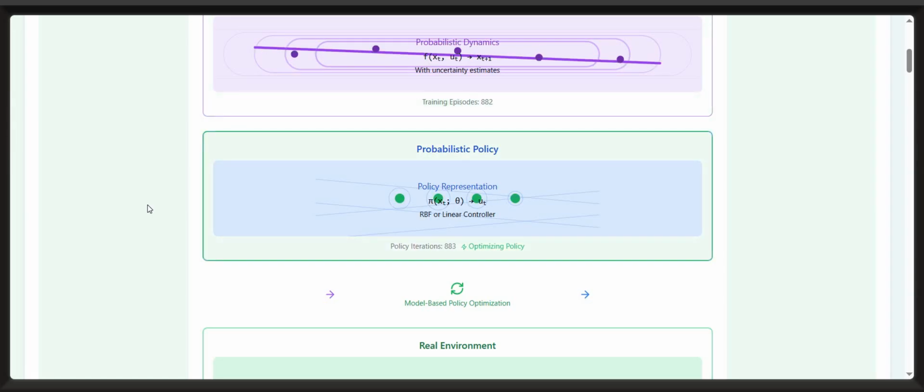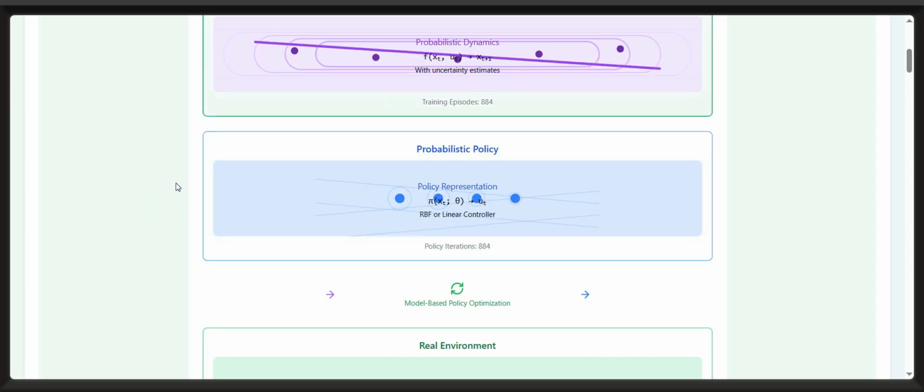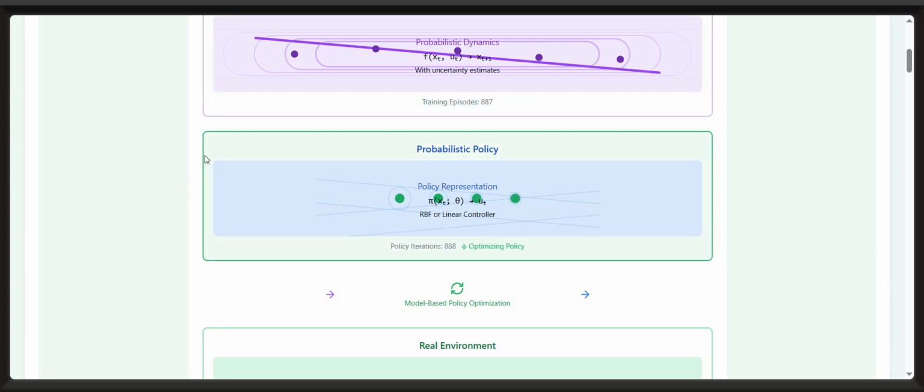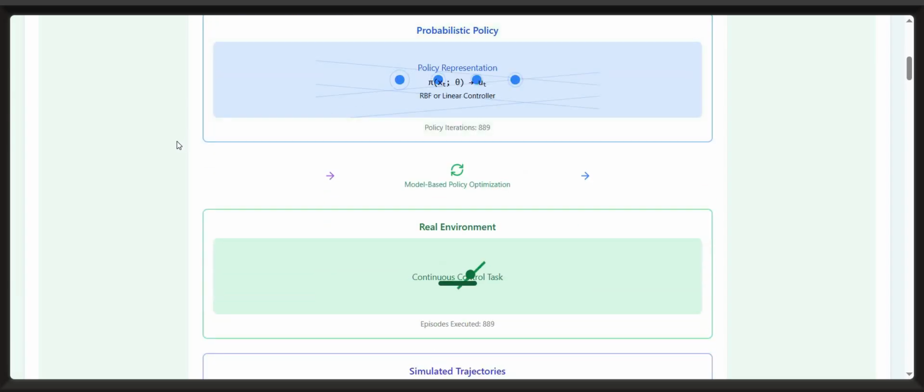It gives us a distribution. That means we are not only saying where the system is likely to go, but also how uncertain we are about that. You can see training episodes count below this part. This tells us how much data the model has seen so far.